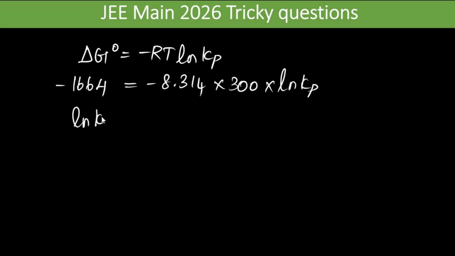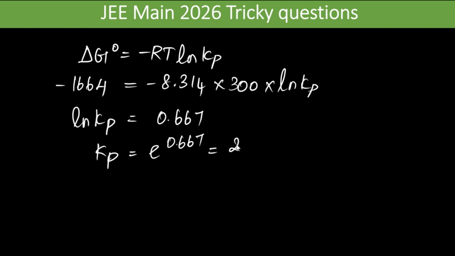So ln Kp comes out to be 0.667. So Kp is equal to e to the power 0.667, which is approximately 2. Remember the value, that is 2.